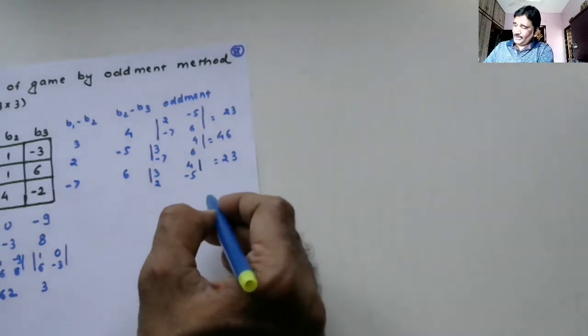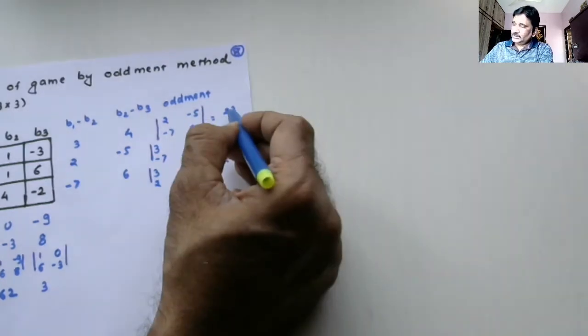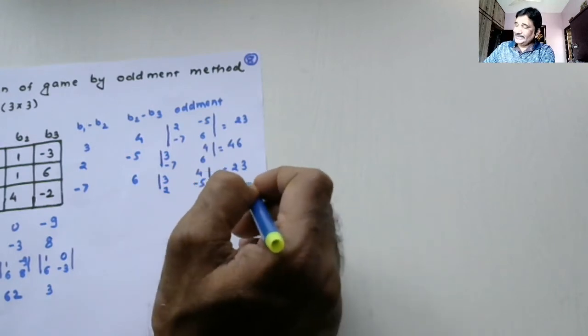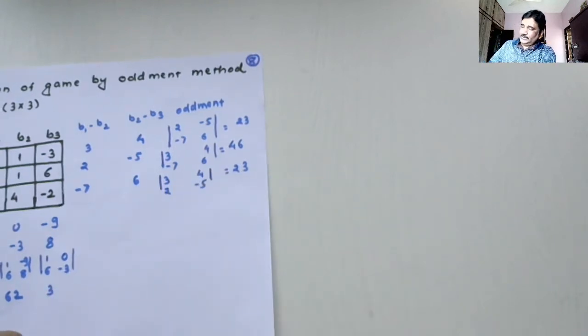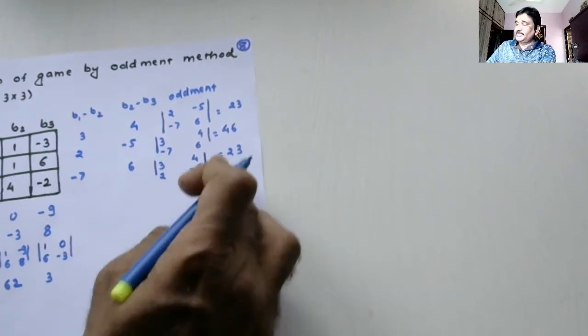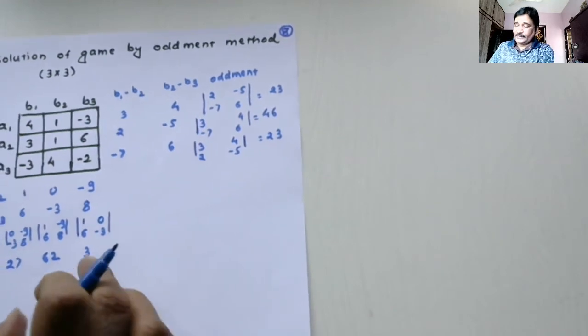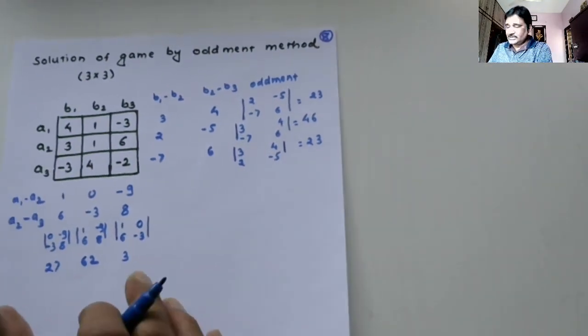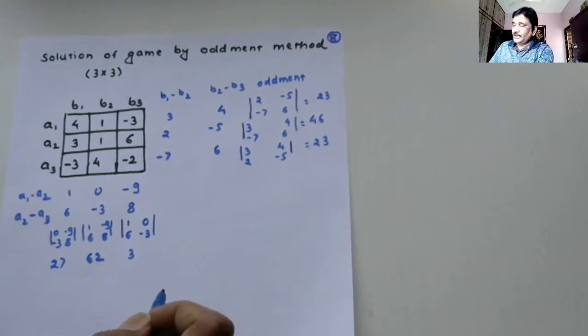Now what you do, you make the sum. 23 plus 46 plus 23 comes equal to 92, and here 27 plus 3 plus 62, 92. So if both the sums match, then this method is valid, otherwise not, right?